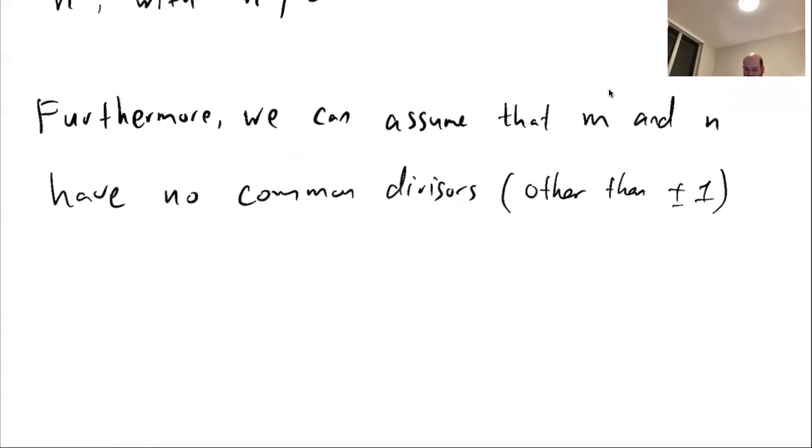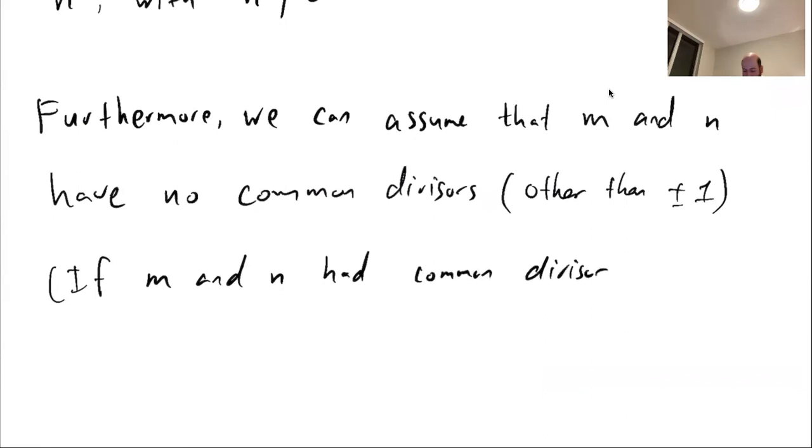So let me mention here that if m and n had common divisors, first simplify.